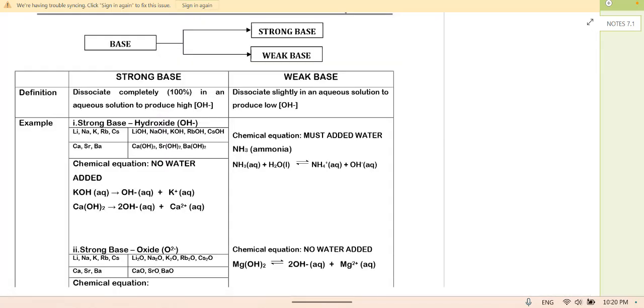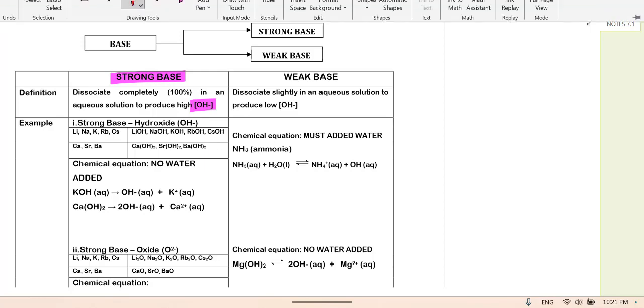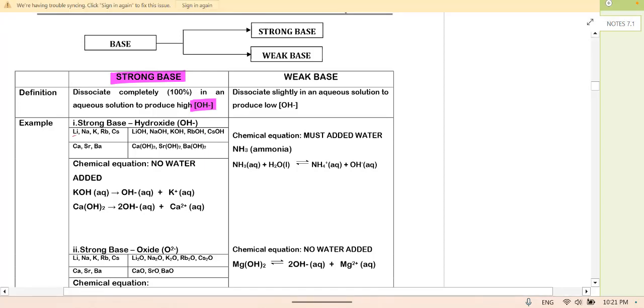Next, we look at strong base. Similar to strong acid, strong base is 100% dissociated to produce a high concentration of OH minus. Here we have metals from group 1 and metals from group 2.